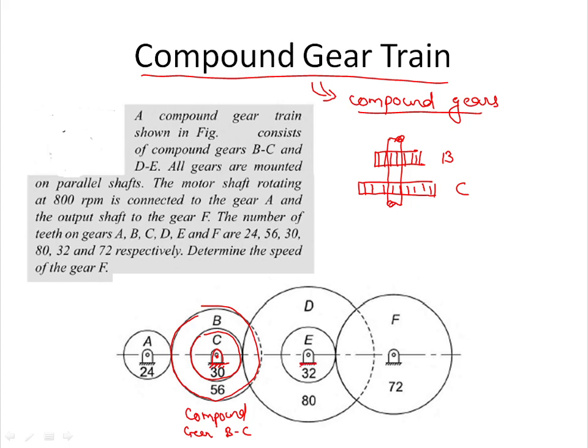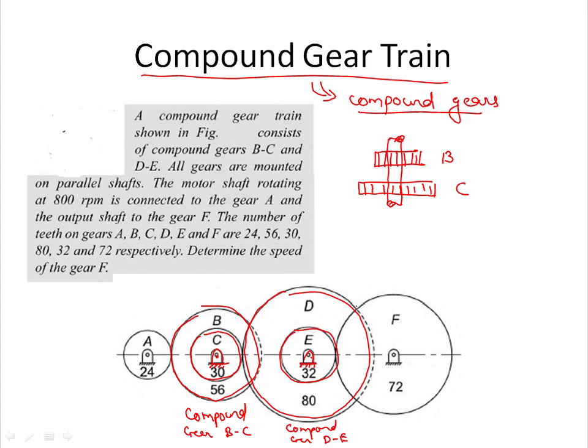Similarly over here, there is a shaft. On that shaft there is a gear E and gear D. That means we can call it a compound gear DE. Why? Because on a single shaft more than one gear is mounted.